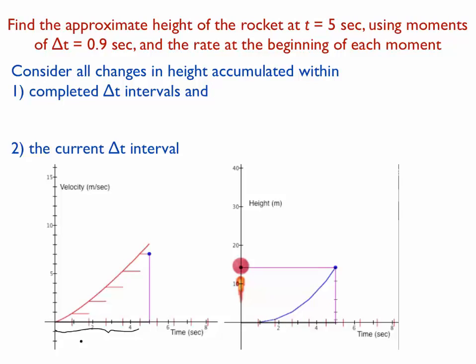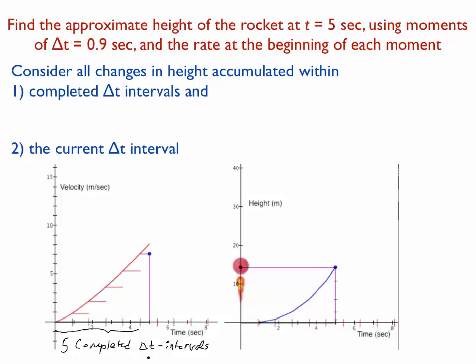Okay? So these are what we call the completed delta t intervals. How many are there for t equals 5? 1, 2, 3, just count. 5 of them, right? So there are 5 completed delta t intervals.